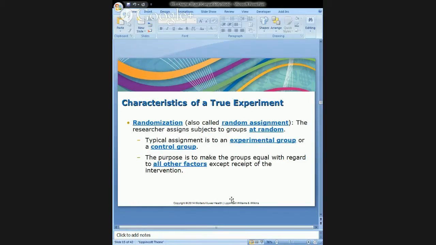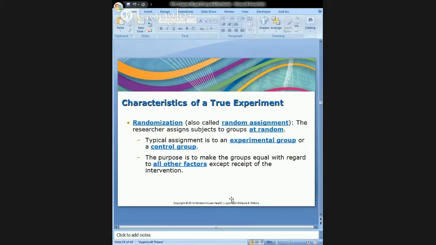In a true experimental study, the participants are randomly assigned. What that means is if you have 100 people that you've picked to be in your study, then you just randomly, 1, 2, 1, 2, 1, 2, put them into either the experimental group or the control group. You don't say, well, all people with blonde hair go into the control group and everybody with brown hair goes into the experimental group.